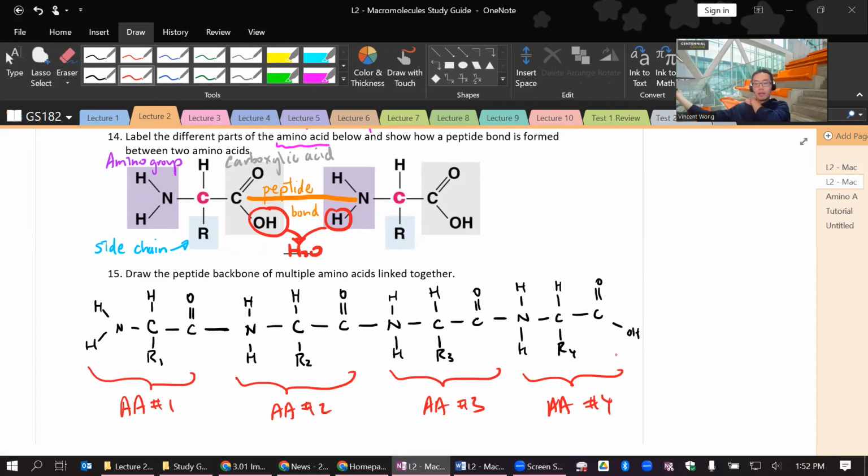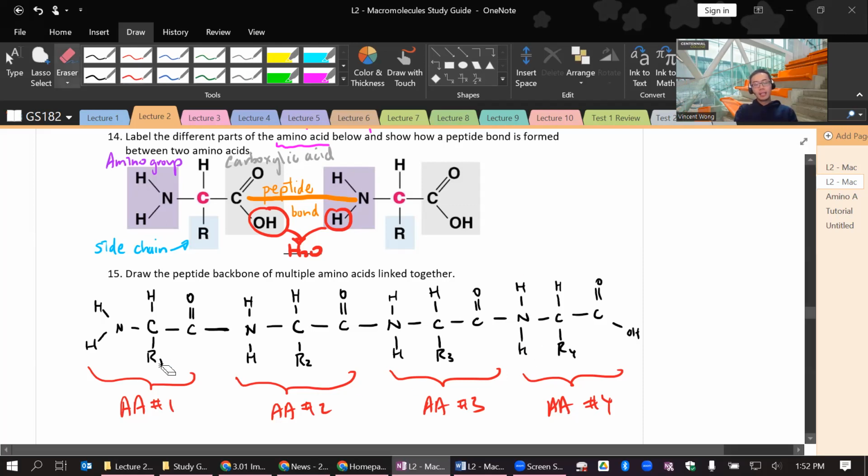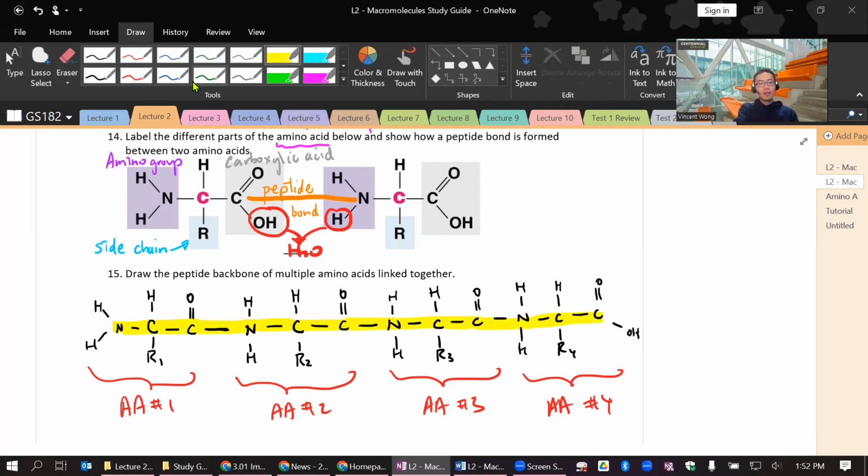Some proteins are really long. Some are hundreds of amino acids long, and some are even thousands of amino acids long. What you see here is that the backbone does not change. We have N, C, C double bond O, and then N, C, C double bond O, same thing, and this just keeps on repeating itself.